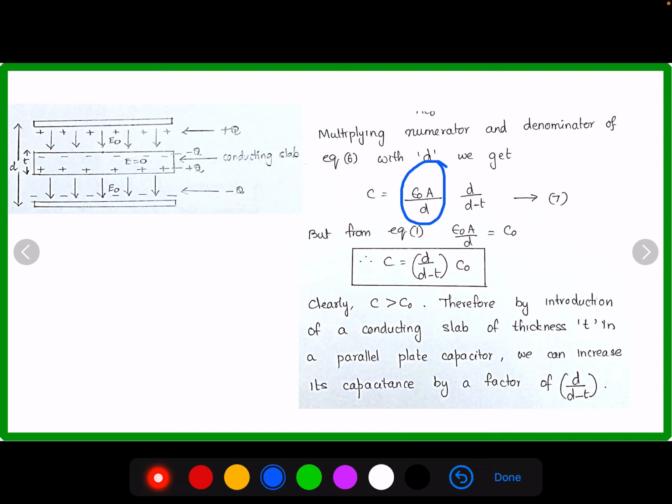So substitute C naught in place of epsilon naught A by D, multiplied with D by D minus T.